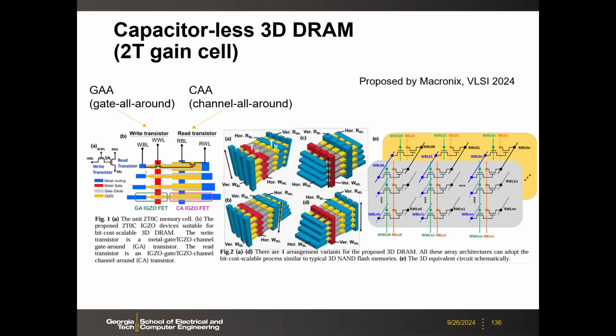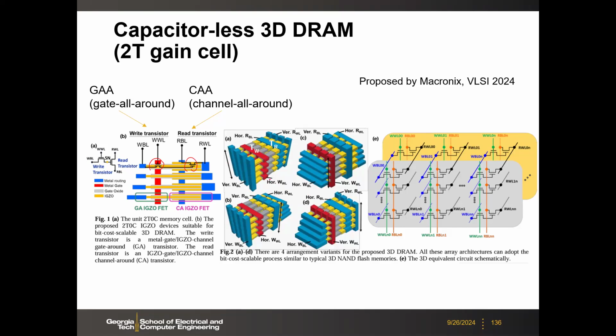So here, what they did is to basically have those 2T gain cells horizontally lined up, with one write transistor and one read transistor, and then they can stack this in multiple tiers using this kind of stacked nanosheet fabrication scheme.